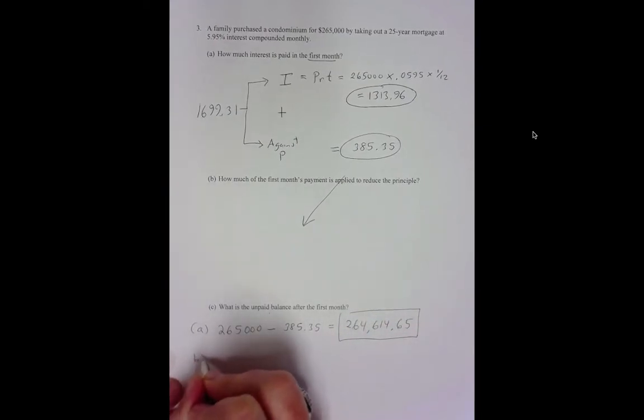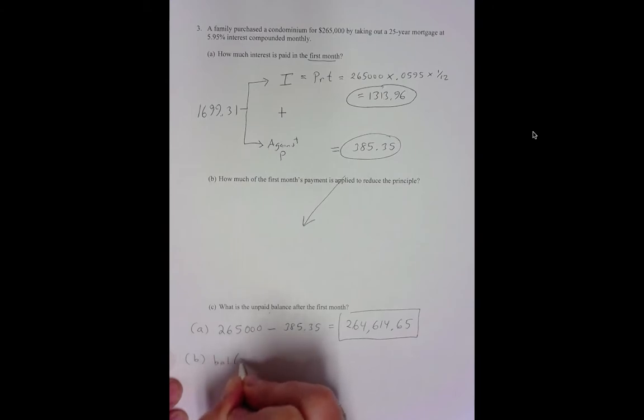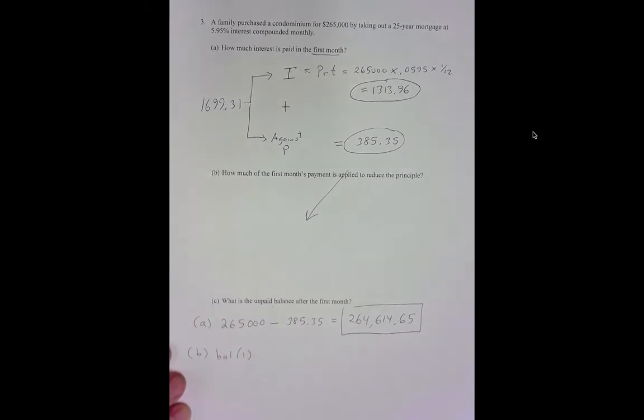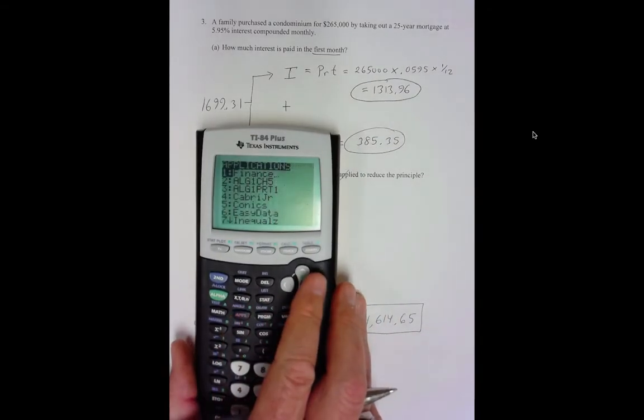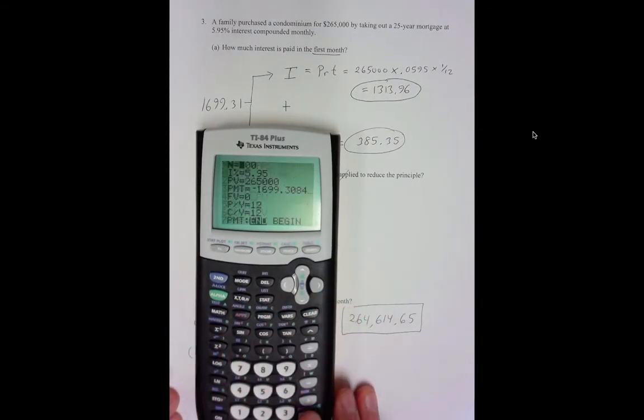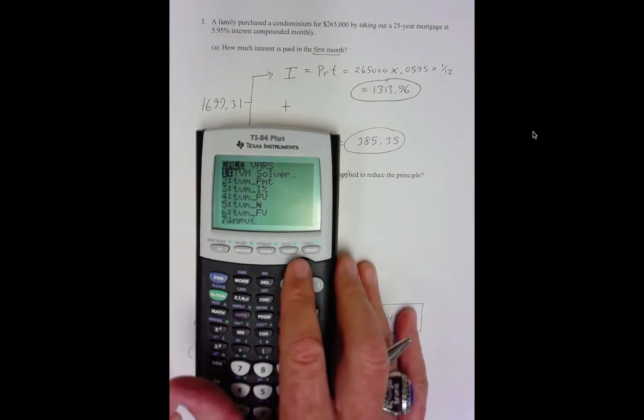What's another way we could do this? The balance key. The balance key after 1 month. Sometimes I lose my mind here.